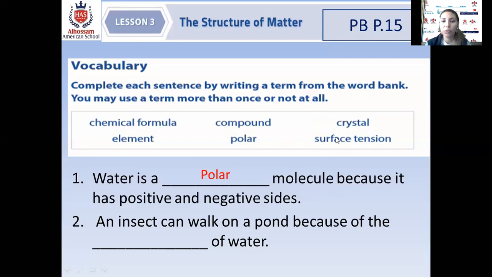Yusuf: surface tension. Yes, surface tension, thank you so much.